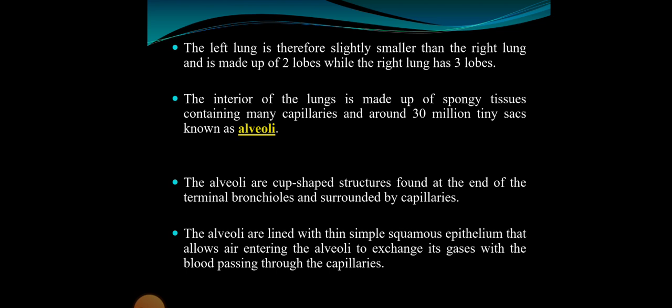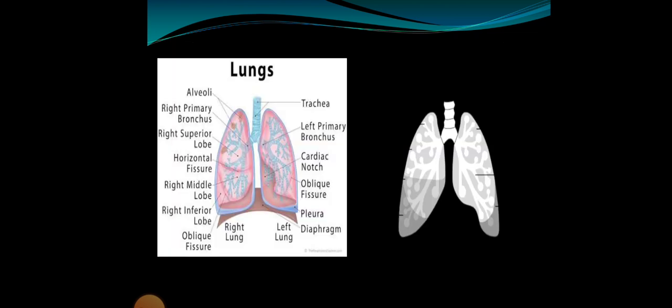The alveoli are cup-shaped structures found at the end of the terminal bronchioles and surrounded by capillaries. The alveoli are lined with thin, simple squamous epithelium that allows air entering the alveoli to exchange its gases with the blood passing through the capillaries. This is the structure of the lungs.